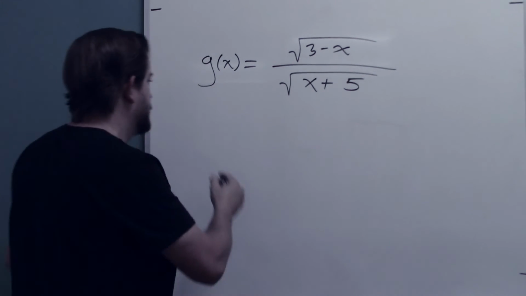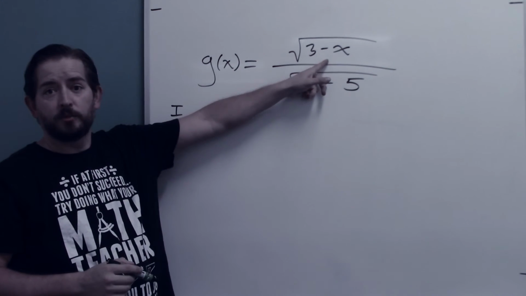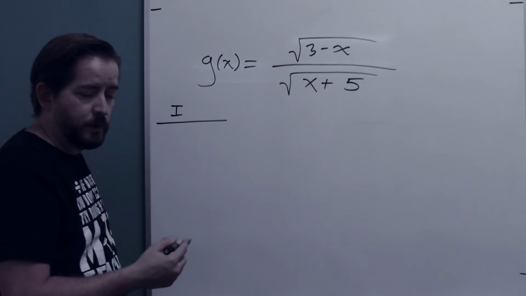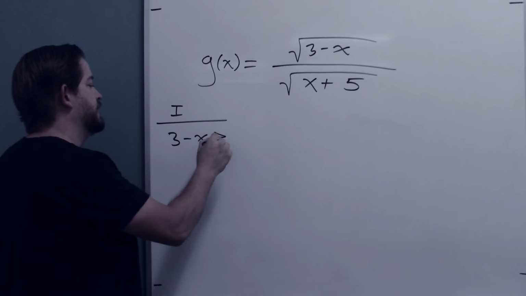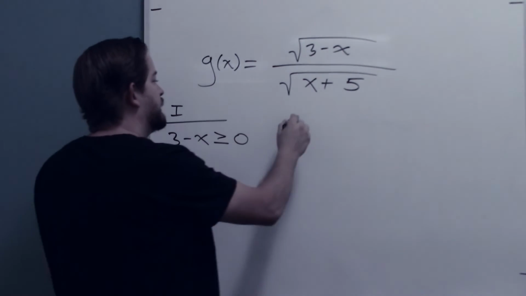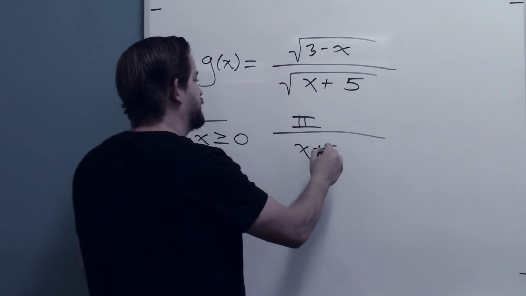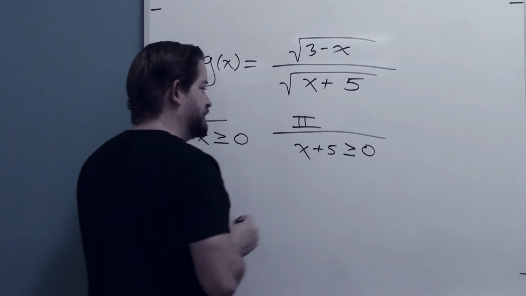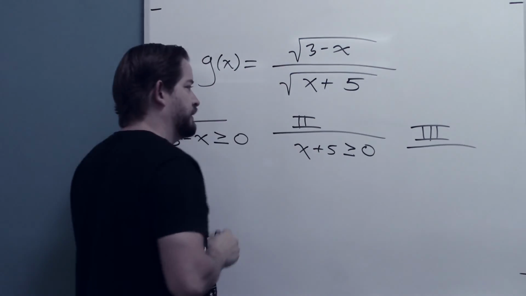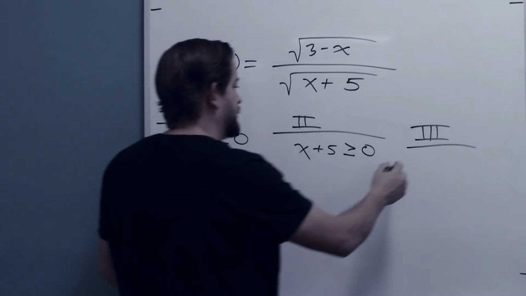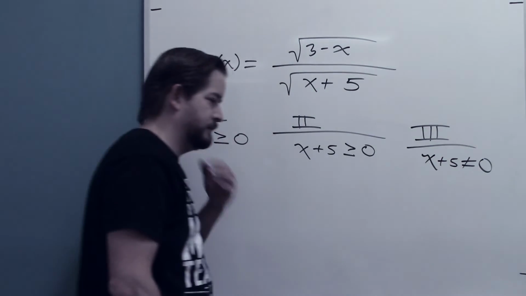Condition 1 is that I have a square root in my numerator, so 3 minus x has to be greater than or equal to 0. Condition 2 is the square root of the denominator, so x plus 5 has to be greater than or equal to 0. Condition 3 is that the square root in the denominator can't be 0, so x plus 5 can't be 0 itself.